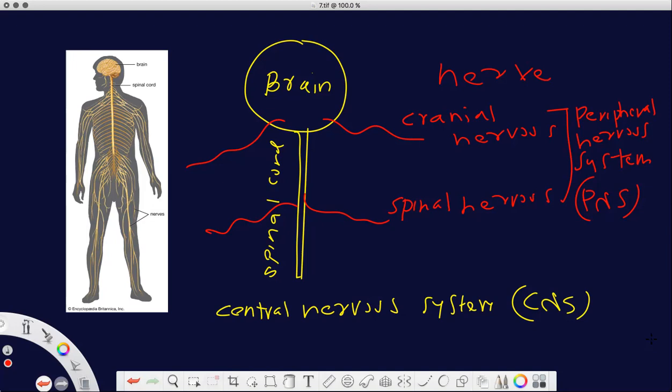Right now, this nervous system is controlled by the brain and to a little bit lesser extent the spinal cord. But basically the brain is the major place controlling the nervous system.